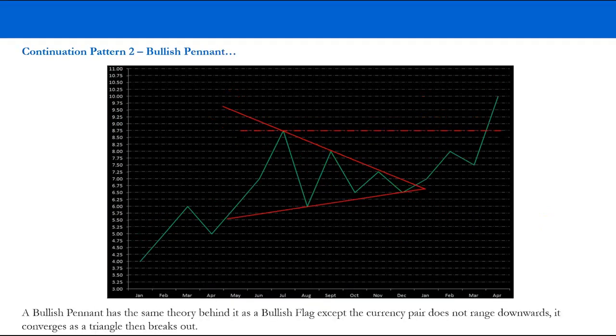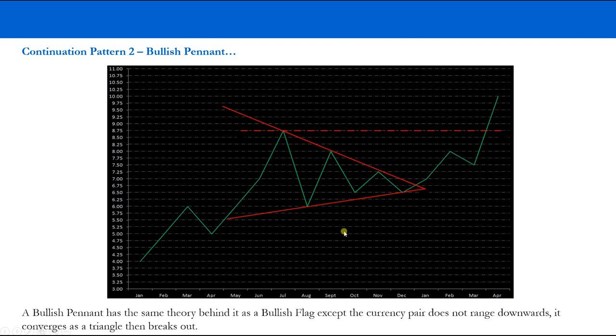Now what we have here is our second continuation pattern, which is a bullish pennant. And a bullish pennant has got the same theory behind it as a bullish flag in the previous example, except the currency pair doesn't range downwards in a channel. It converges as a triangle and then breaks out.